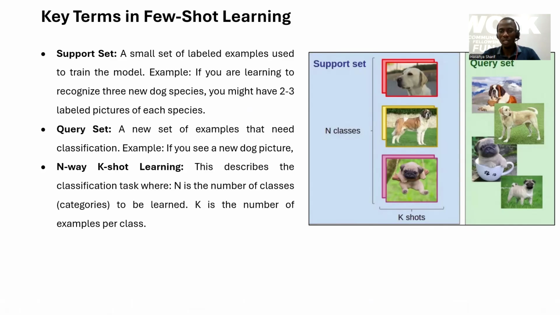From my example, our classes will be three, as you can see, we have one image for the dog, then the next as you go on. Then K is the number of examples in each class, and in our example, we only have one, so one-shot.